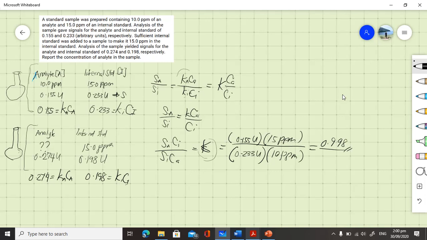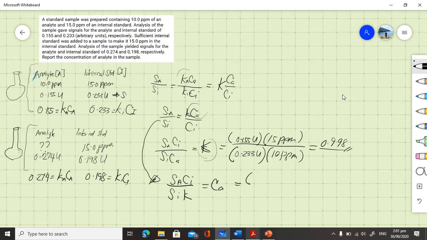But in this case, our unknown is the concentration of the analyte. So, from here, we can just use SA CI over SI K is equal to CA. Did I transpose correctly? This is just algebra class.